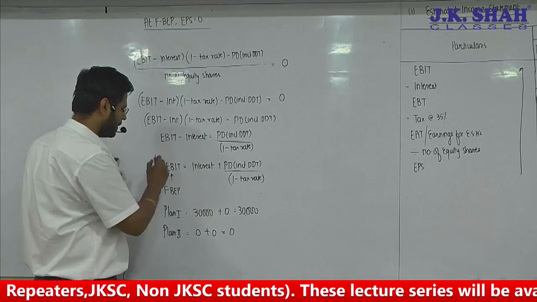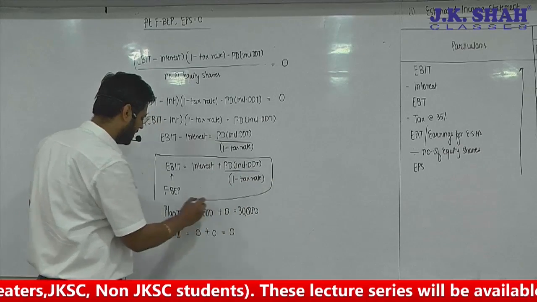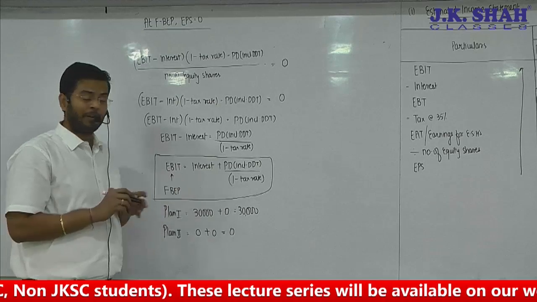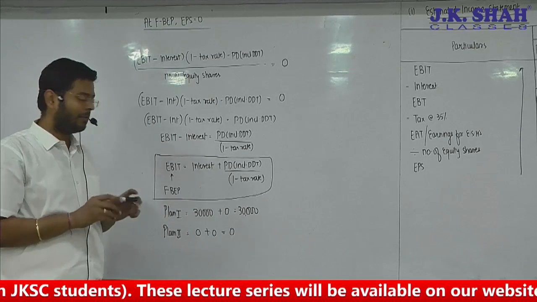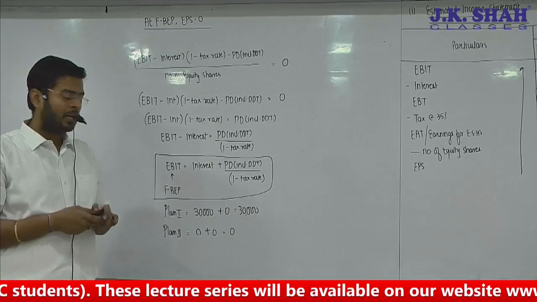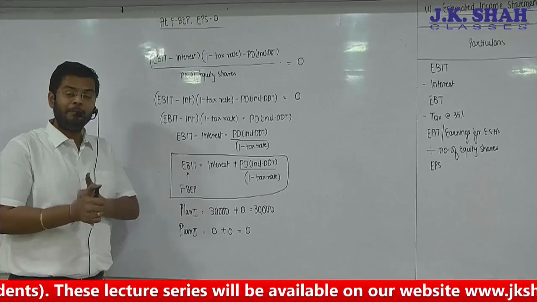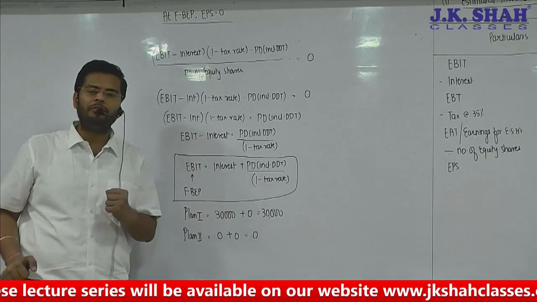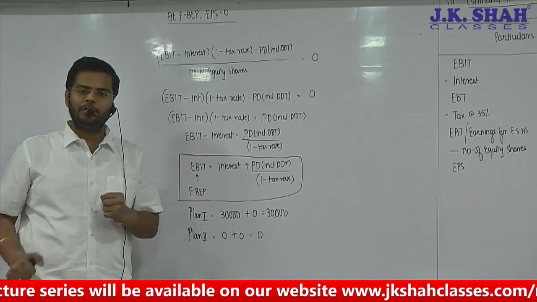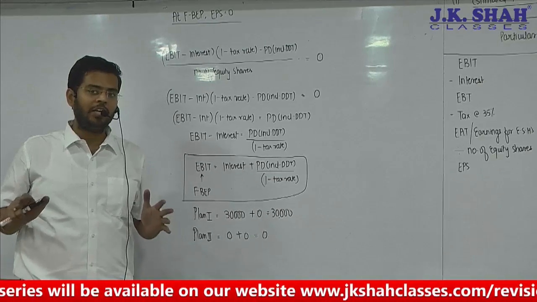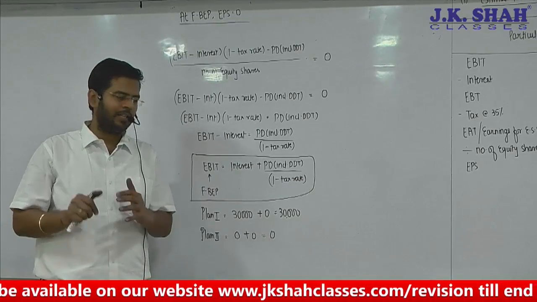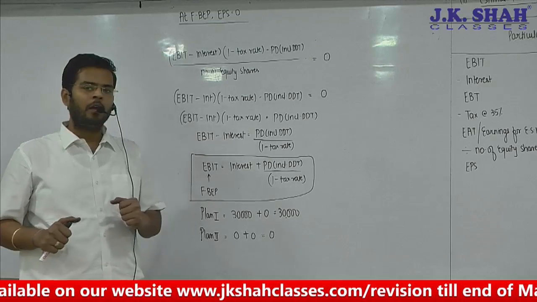So for exams perspective, this is the formula that is relevant, and your formula will be interest plus preference dividend including DDT by 1 minus tax rate. Is it okay? So this is the formula for FBEP. Financial break-even point is that minimum profit which I should earn, so that my equity shareholders are at no gain, no loss.